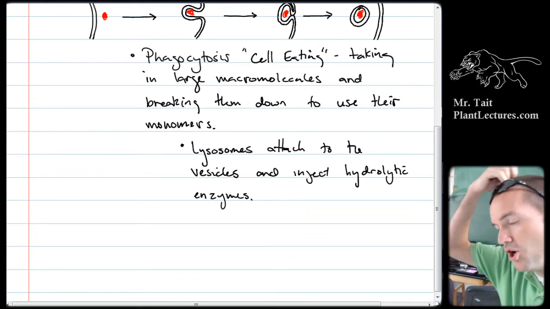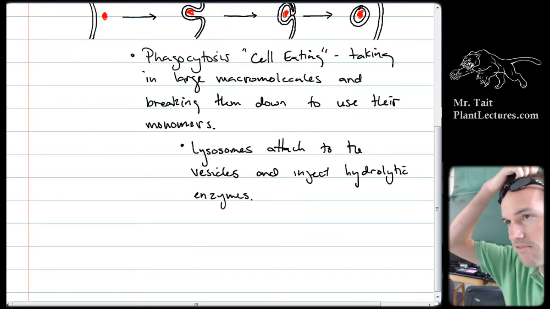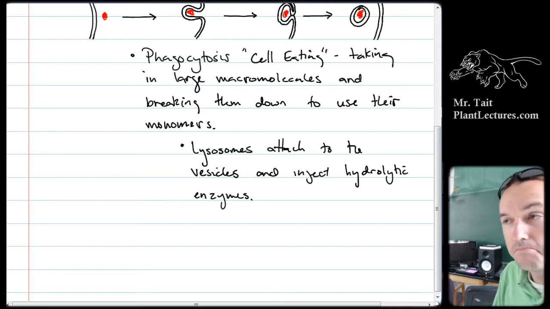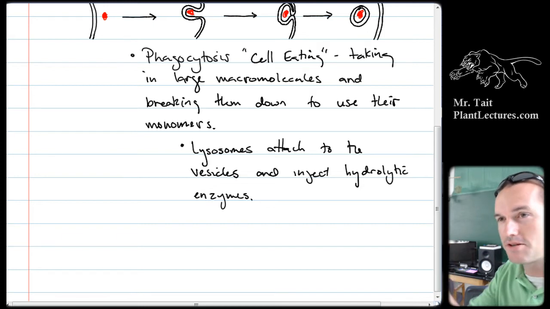And how do the lysosomes know to attach to that specific vesicle? Cell signaling proteins. And what do cell signaling proteins attach to? What are they looking for? So the cell signaling proteins are like the receptors, but what are the receptors actually looking for?